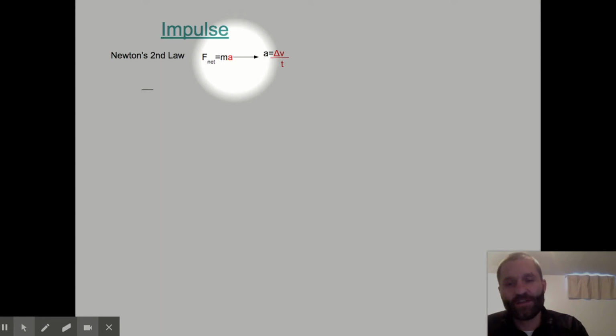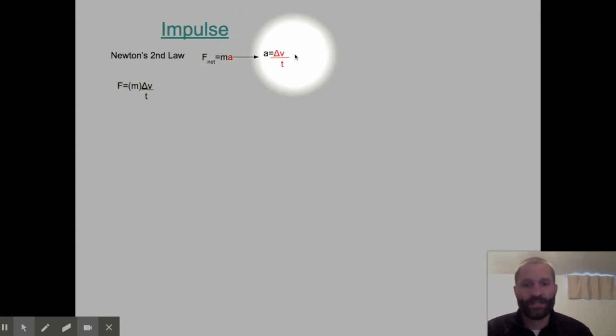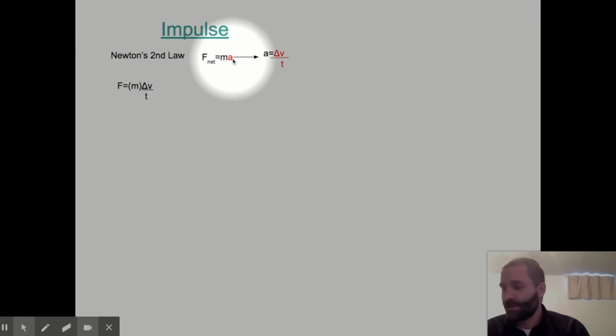So I'm just going to show you how this equation is derived. So notice I plugged in my delta v over t in for a in this equation right here. So that's actually going to give me mass times the change in velocity divided by the change in time, which is equal to force. So now I want to move time to the other side. That's what it says in your notes. It looks a little bit different on your piece of paper, right?